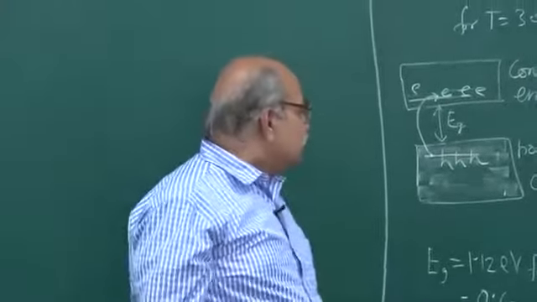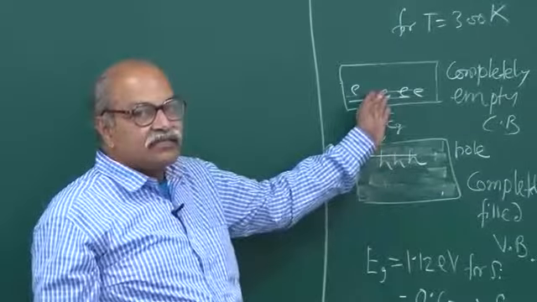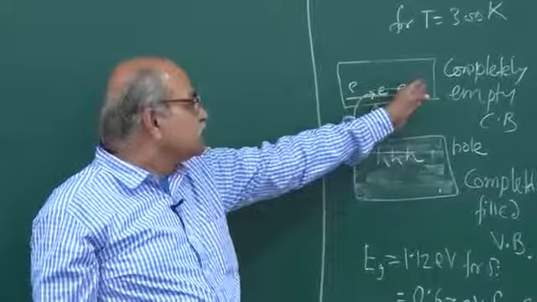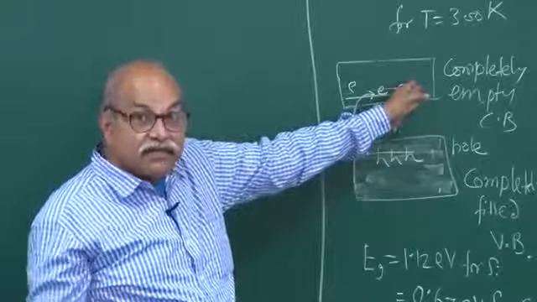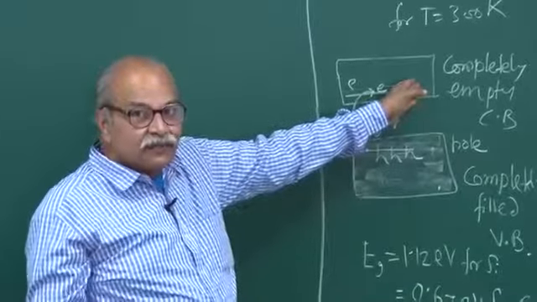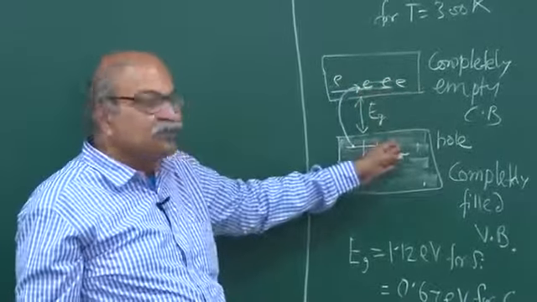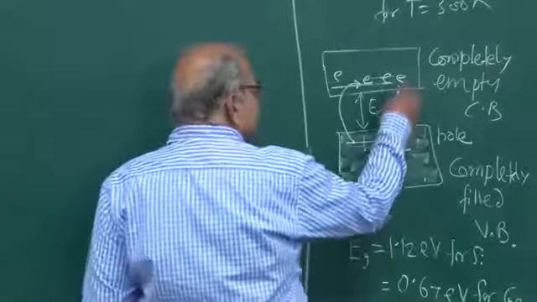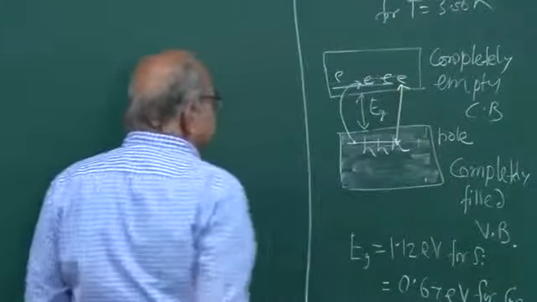Not only can electrons come from the valence band and go to the conduction band, the reverse is also possible. The electrons which are already here, through thermal interactions, can give energy, reduce their own energy, and then fall into this empty quantum state, and in that case you will have electron hole recombination.